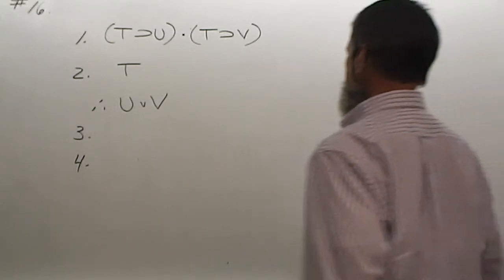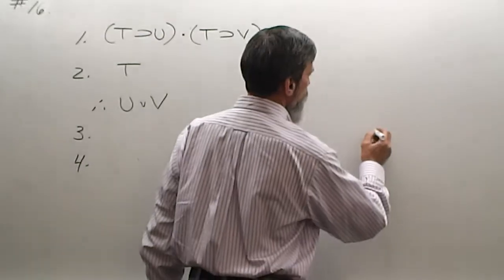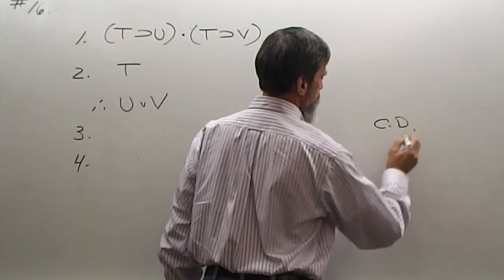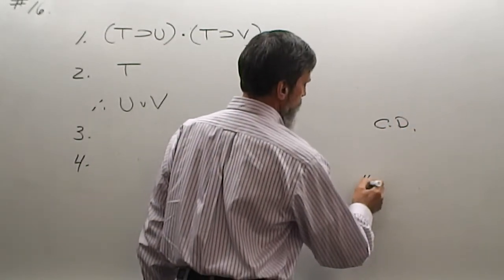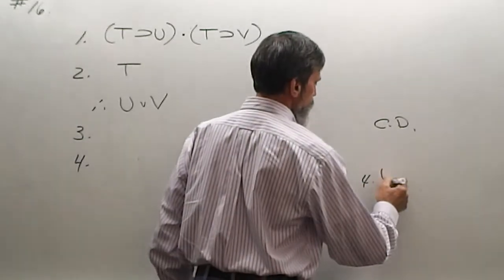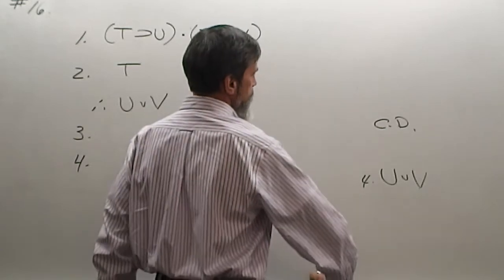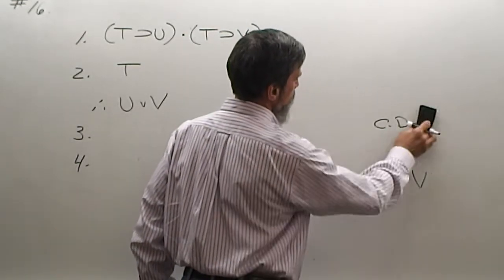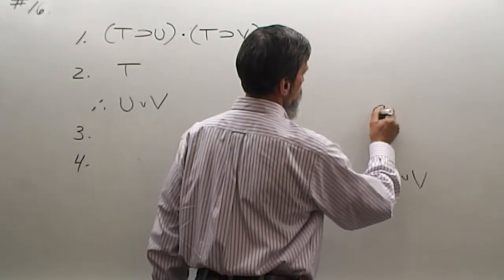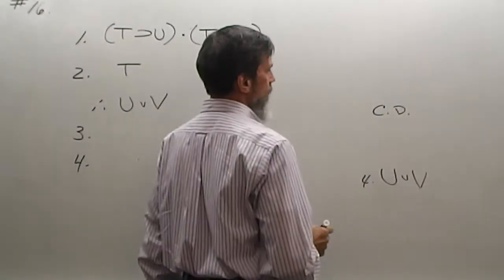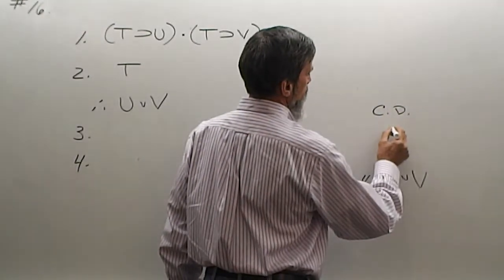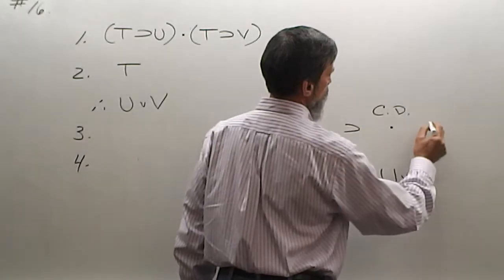Okay, so you should be doing this. We know for a fact it's constructive dilemma. So I'm going to go ahead and put in my notation. Line 4 is going to be U wedge V. We need a conjunction of two horseshoes.